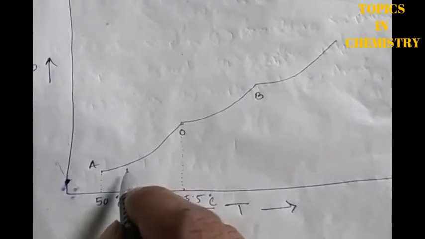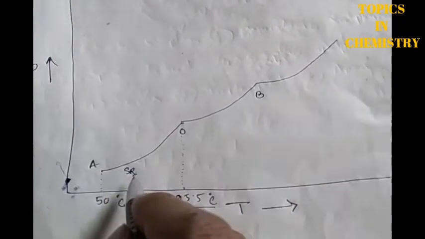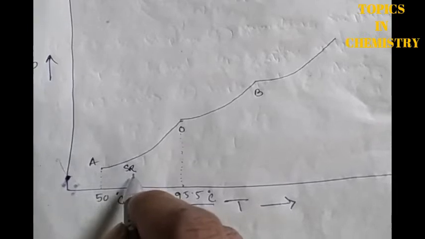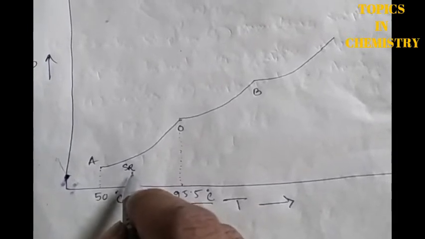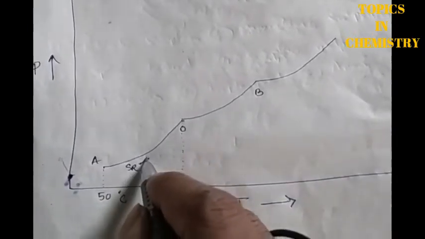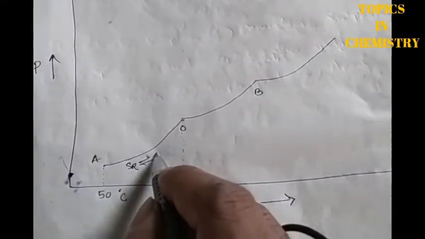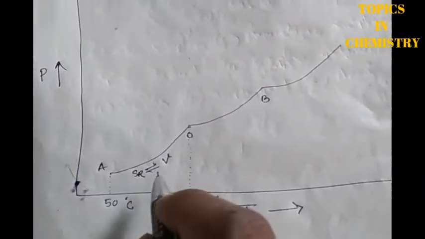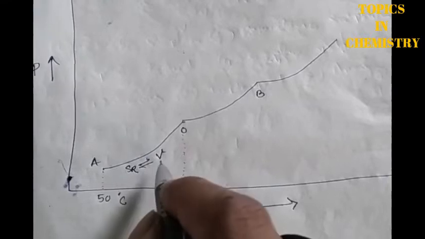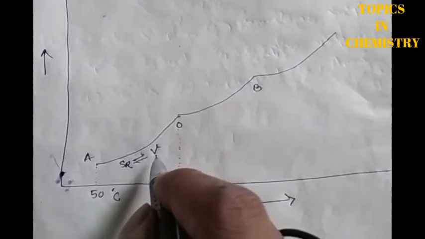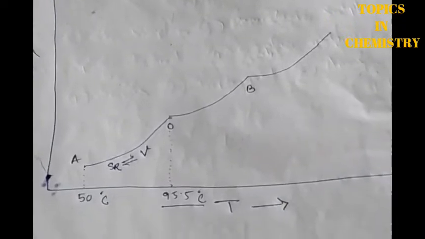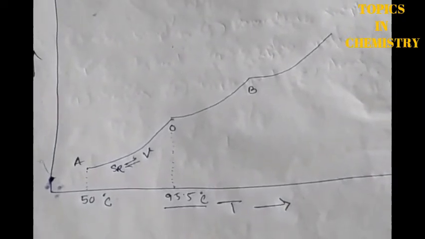So here, like before, SR, that is the solid form of sulphur, rhombic sulphur, is in equilibrium with what? Vapor. So here rhombic sulphur is in equilibrium with vapor. So this is the sublimation curve of rhombic sulphur.